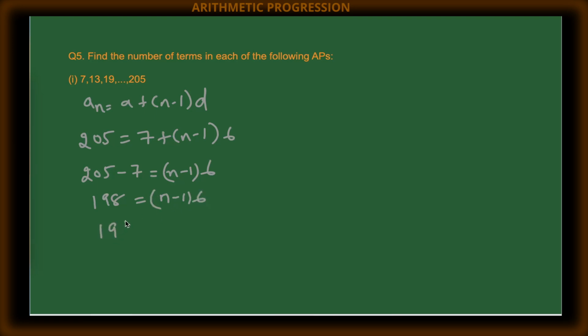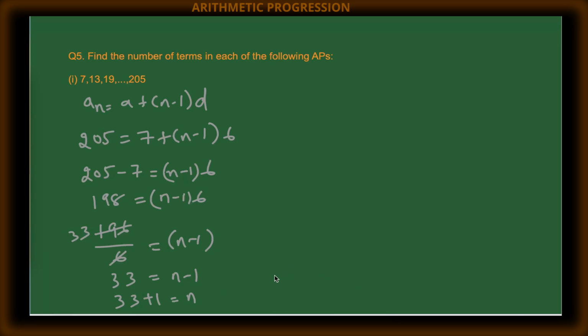Can this be divided by 6? It should be divided by 6. It will be divided 33 times. So let's check. 33 is equal to n minus 1. Let's bring this minus 1 to the other side: 33 plus 1 is equal to n.